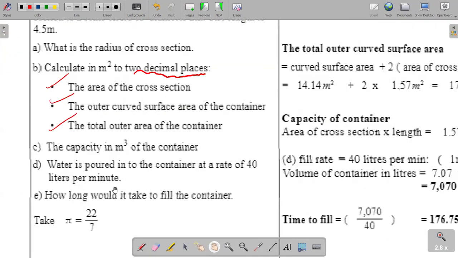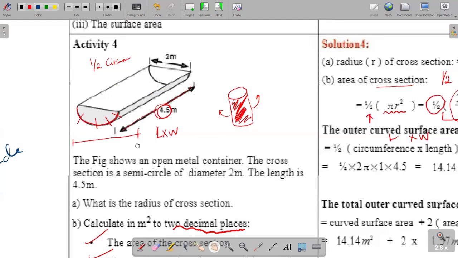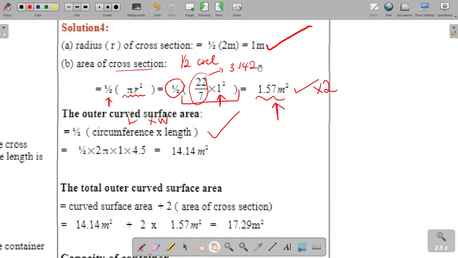So what do we know about volume? How do we find the volume? Volume is always equal to the area of the cross section times the height. And in this case, we know what number represents the height. The length, which is 4.5. We already found the area of the face. What was the area of the face? 1.57.